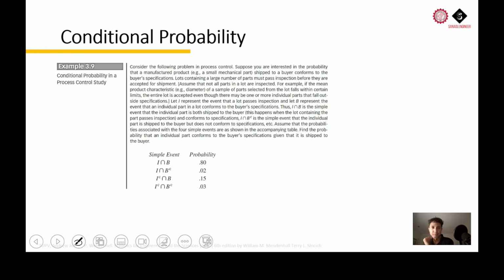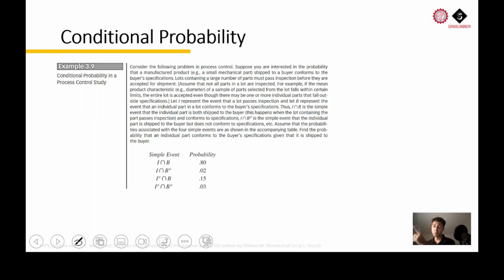Second question. We know that I intersection B means that the lot passed the inspection from the industry, and that B means every part is okay or passed to the customer.